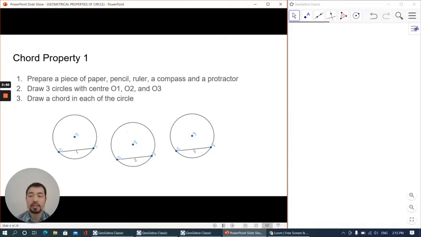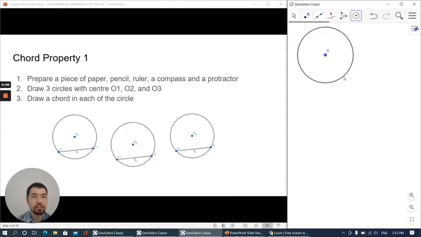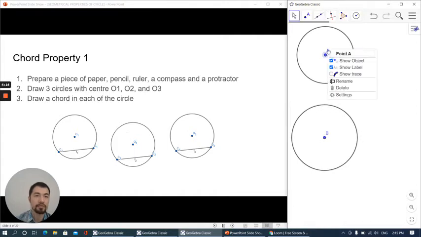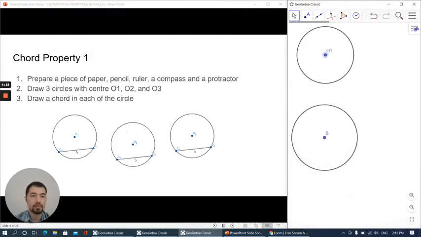All right, so we are going to draw 3 circles with centers O1, O2, and O3. Actually, we can just draw 2 for now. I'm going to call this O1, and this one here is O2.